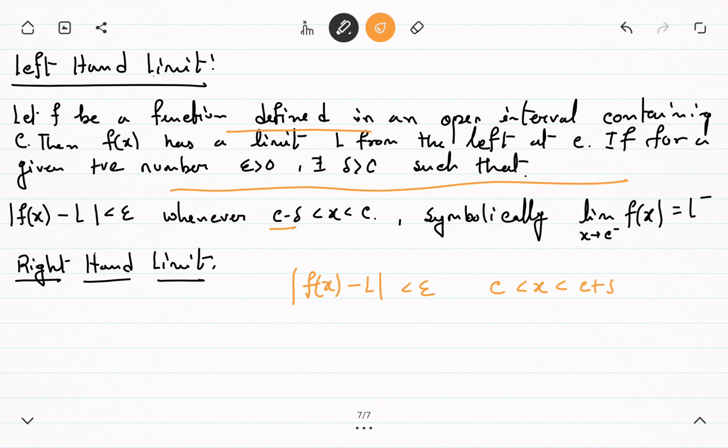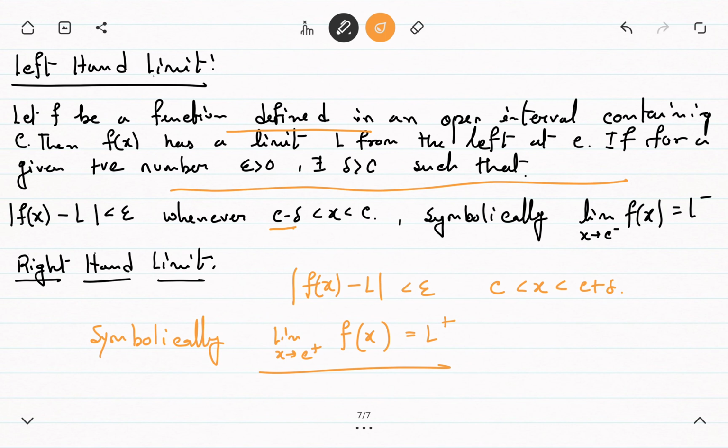Symbolically, this limit is x approaching c from the positive side.